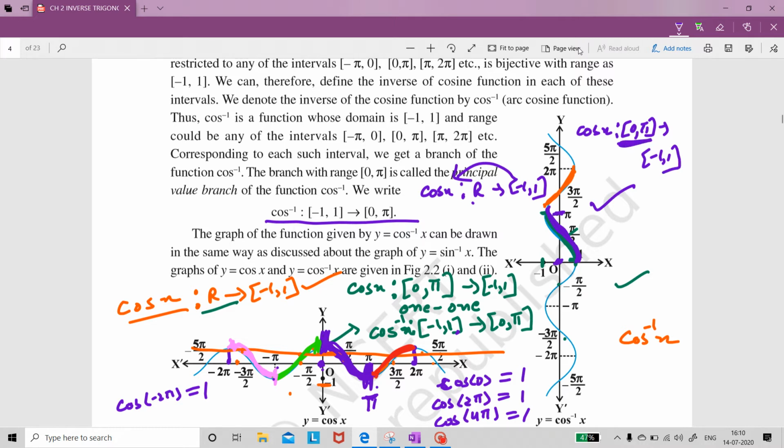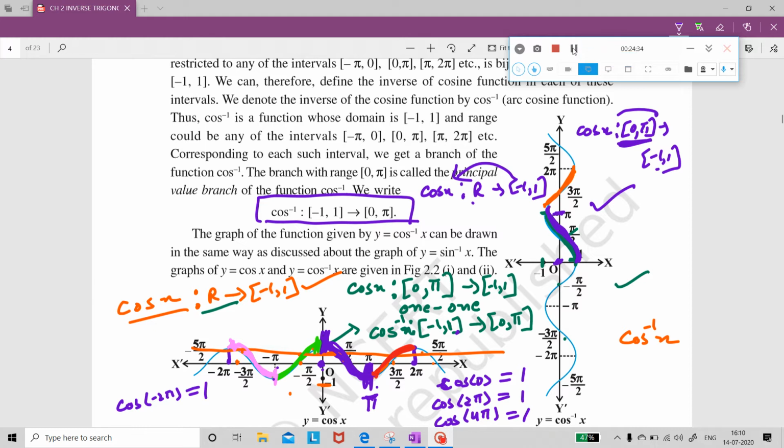So the domain is restricted, and now it is one-one. Therefore its inverse function is defined from minus 1 to 1 to 0 to pi. This is the definition of the cos inverse function.